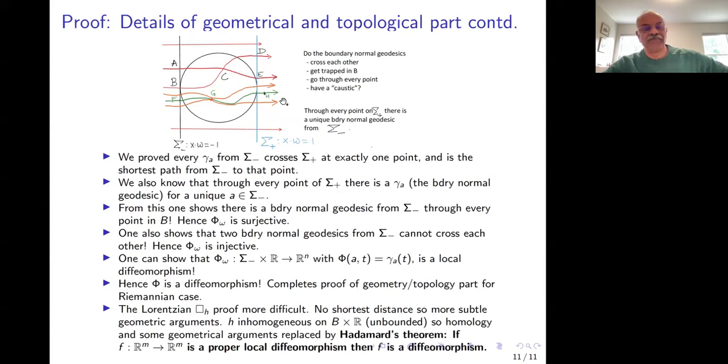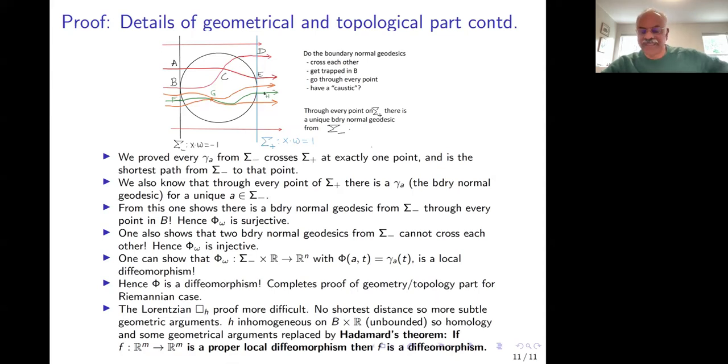The other thing is that H is inhomogeneous on this cylinder, which is infinite, so the homology argument I gave you will not work. That has to be replaced by Hadamard's theorem, which says that if you have any smooth map from R^m to R^m which is a local diffeomorphism and proper, then F is actually a diffeomorphism, which means it's injective, surjective, and so on.